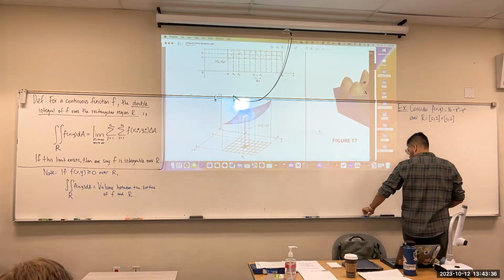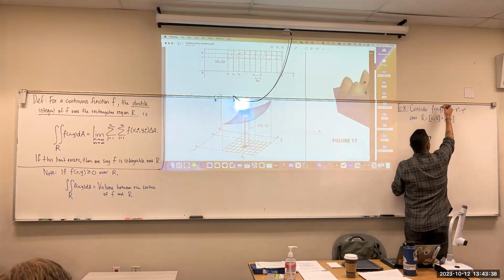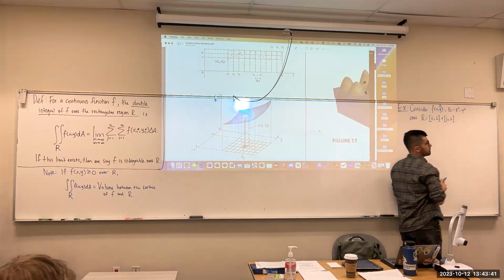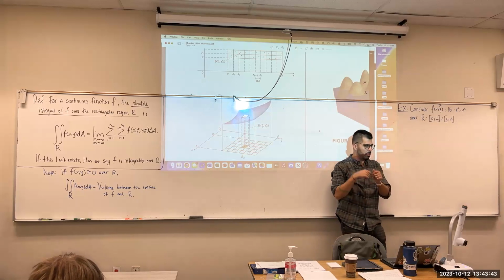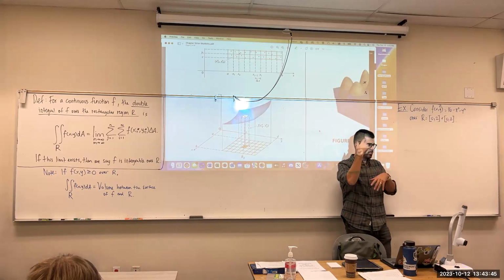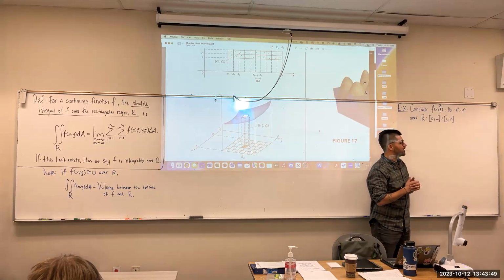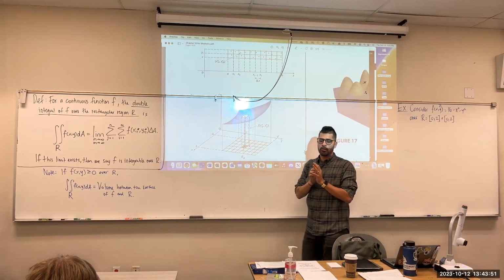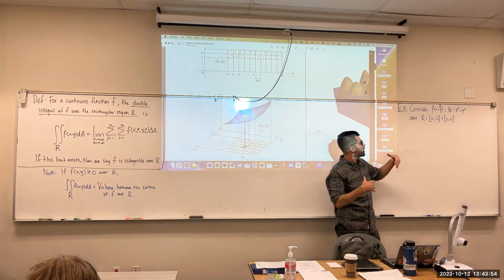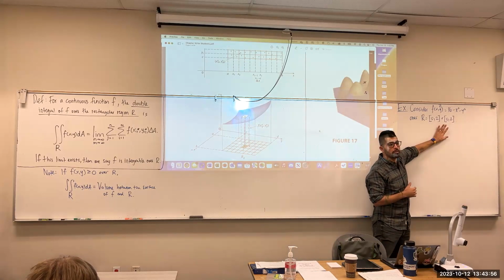It might help if you replace this as a Z. Remember I gave you guys a sheet in chapter 12 with quadratic surfaces? You guys might have to bust that sucker out. And then try to remember what it would look like, but then try to sketch what it looks like only above this region R.